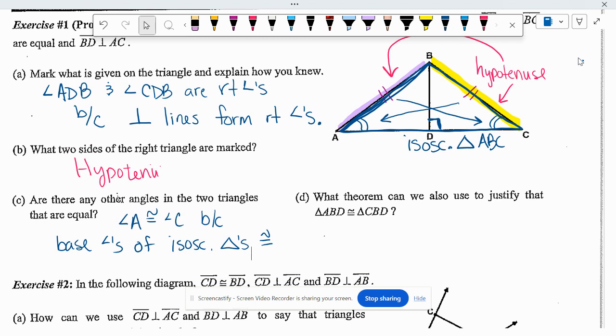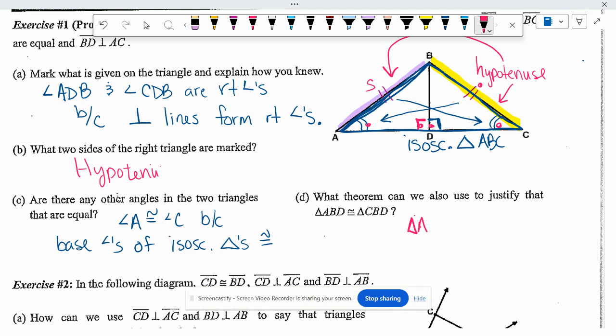So what theorem can we use to justify that triangle ABD is congruent to triangle CBD? Well, we have an angle, side, angle, side. Oh, that spells booty. Angle, side doesn't spell booty.